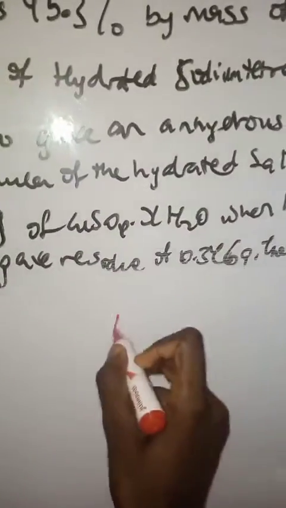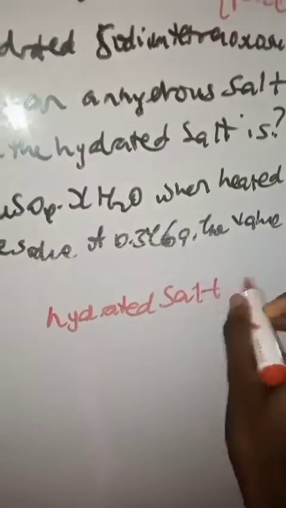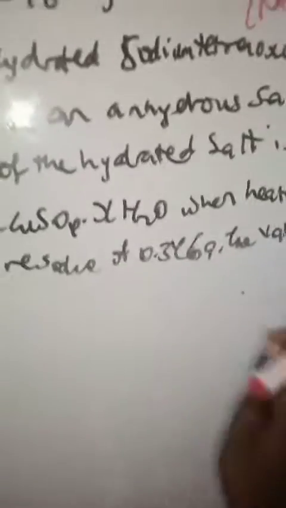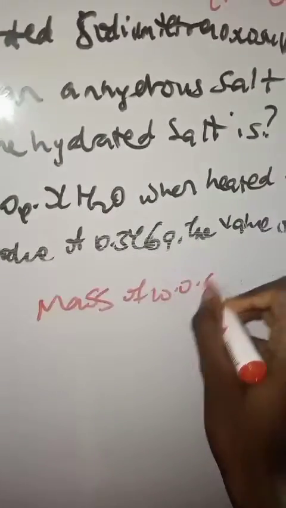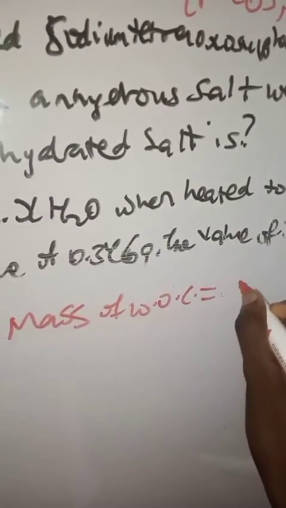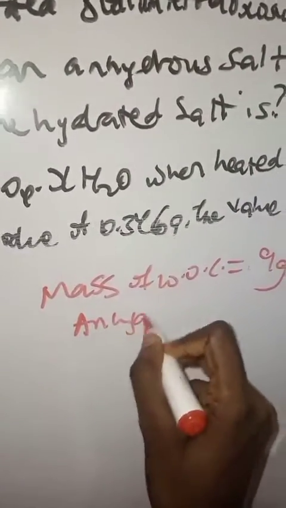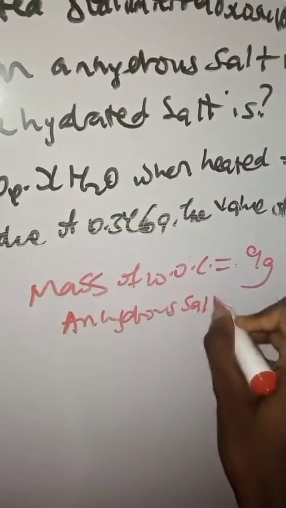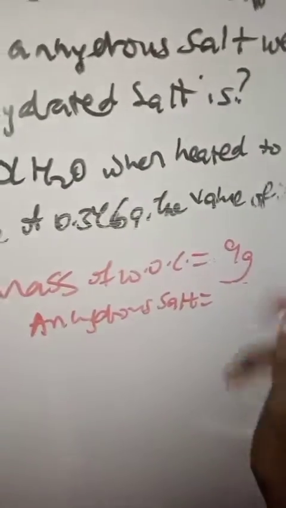Sometimes they won't give you the mass of the hydrated salt. They will just tell you the mass of the water of crystallization. They can just say the mass of the water of crystallization is, let's say, 9 grams. Then they will tell you the anhydrous salt is, let's say, 12 grams.